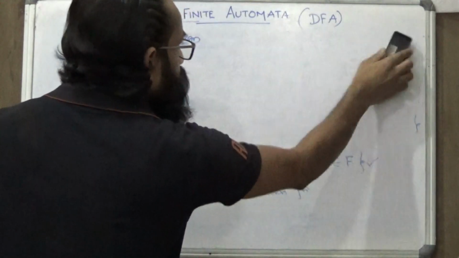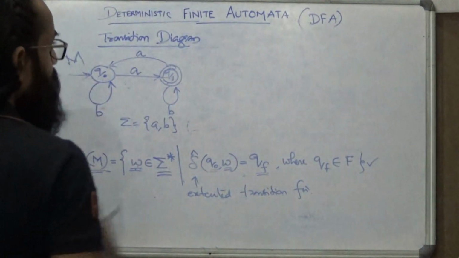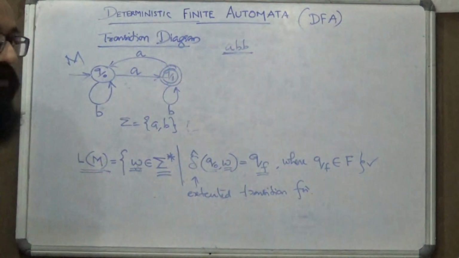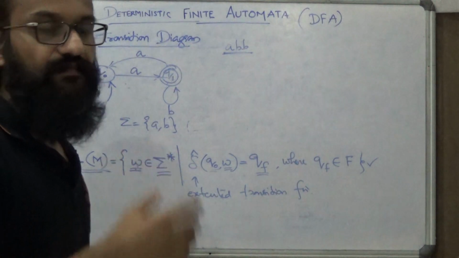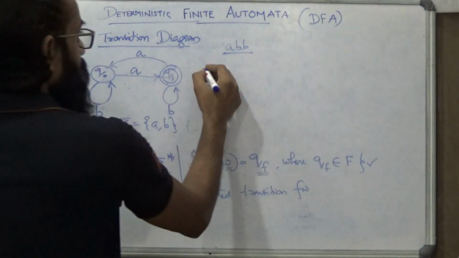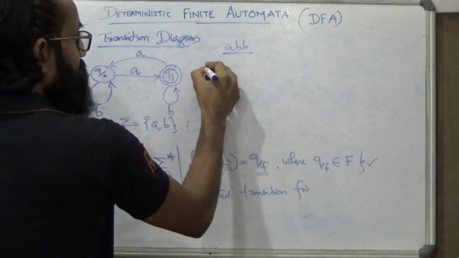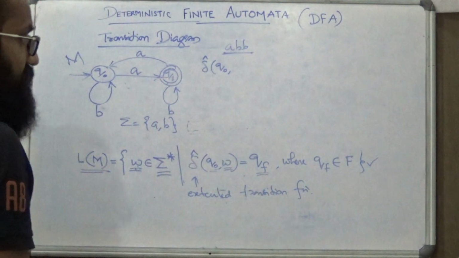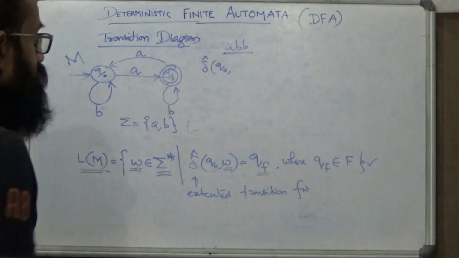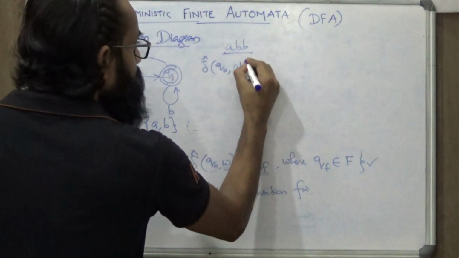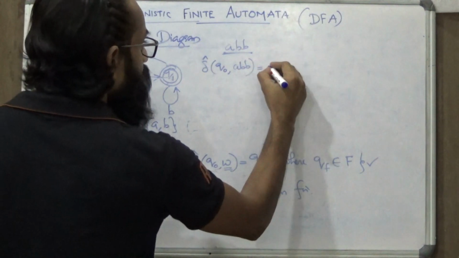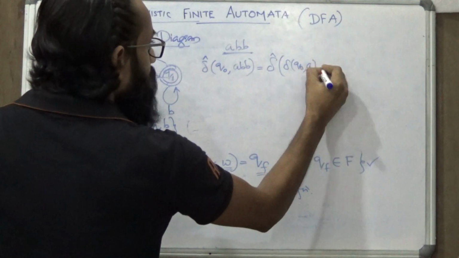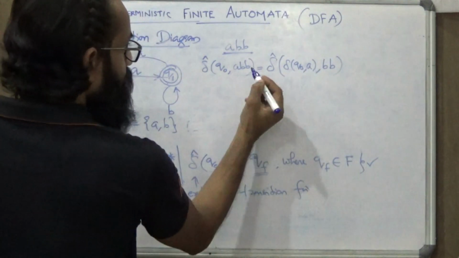So let us take an example. Consider the string ABB. How will you formally show that ABB is accepted by this machine? It is simple. You can use the extended transition function delta cap. The machine always starts from the starting state Q0. So delta cap of Q0, ABB is equal to delta cap of delta of Q0, A, then BB.